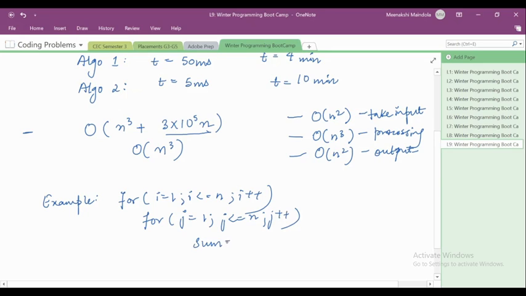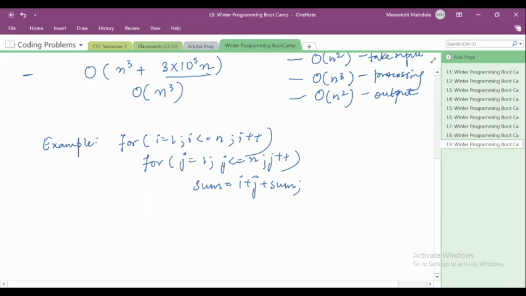Let us suppose sum is equal to i plus j plus sum, for example. So what will be the time complexity for this particular piece of code? The outer loop is going to run n times, and the inner loop is also going to run n times, right? So what will be the time complexity in this case?